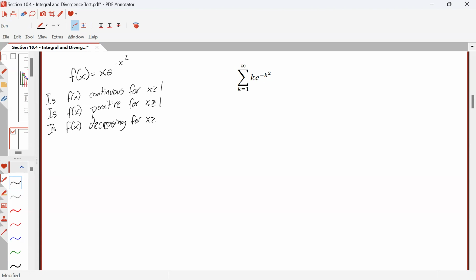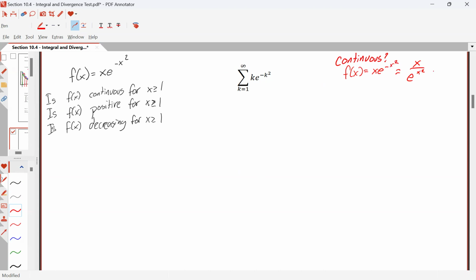The first two questions are pretty easy to answer. So first, the question of continuous. For the question of continuous, we're looking at the function f of x equals x e to the negative x squared. This is also x over e to the x squared.